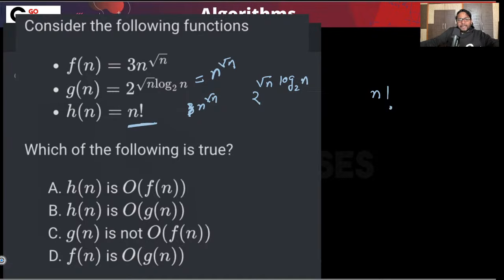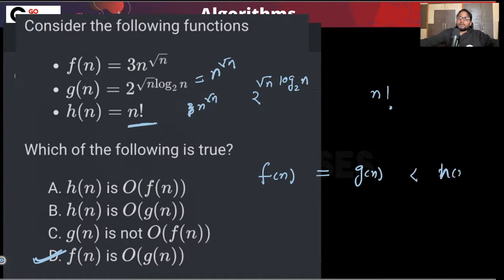So what is the answer? h(n) won't come in the big O. f(n) and g(n) are the same. f(n) is order of g(n), right? In fact, they're theta, in terms of asymptotic comparison.